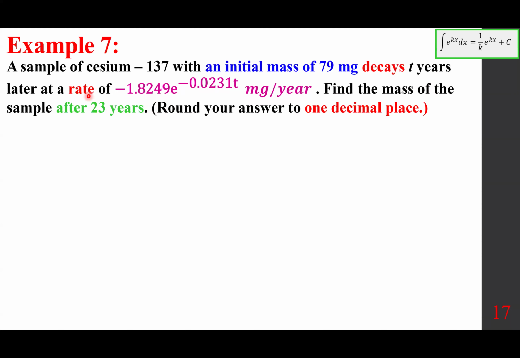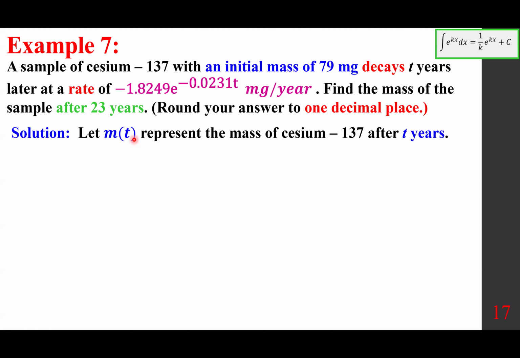The moment you hear rate in calculus, it refers to differentiation. So if we want to find the mass, let m of t represent the mass of cesium-137 after t years.